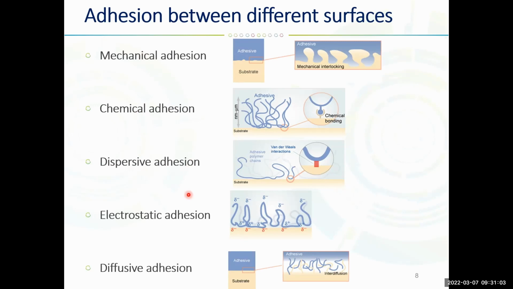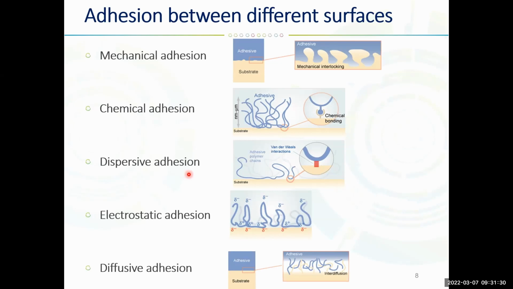measurements. It also follows from the fact that the total surface energy between two materials could contain contributions from each of the five different mechanisms. So, for example, you can have dispersive contributions in the surface energy.